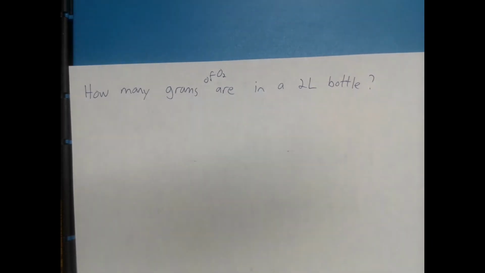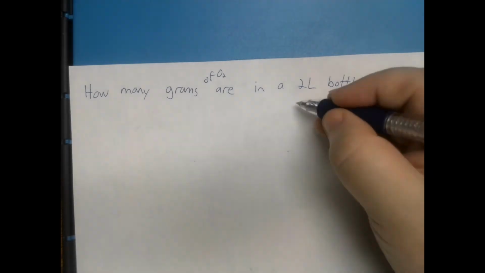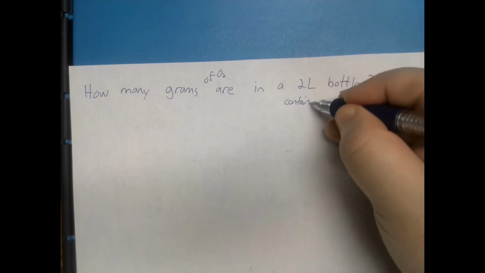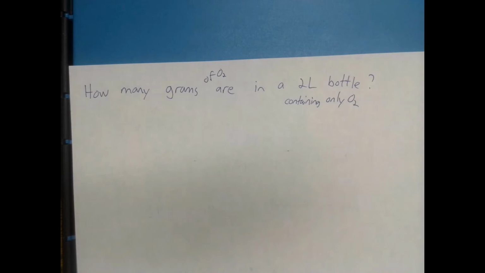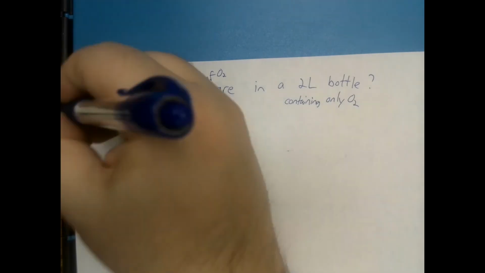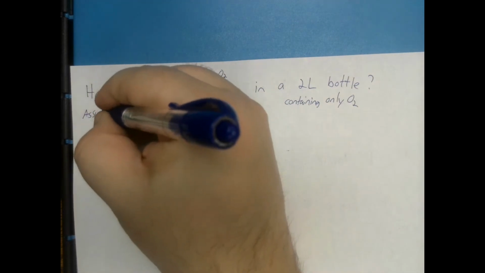Assuming the bottle is just filled with O2. So how many grams of O2 are in a 2-liter bottle containing just O2? Be more accurate. Containing only O2. Again, if it doesn't specify, assume STP.